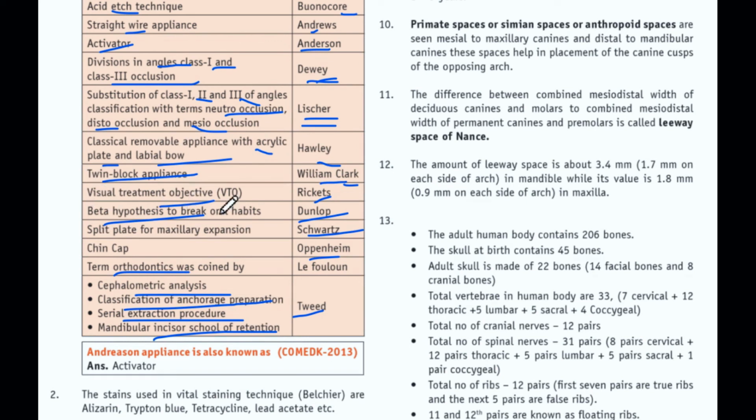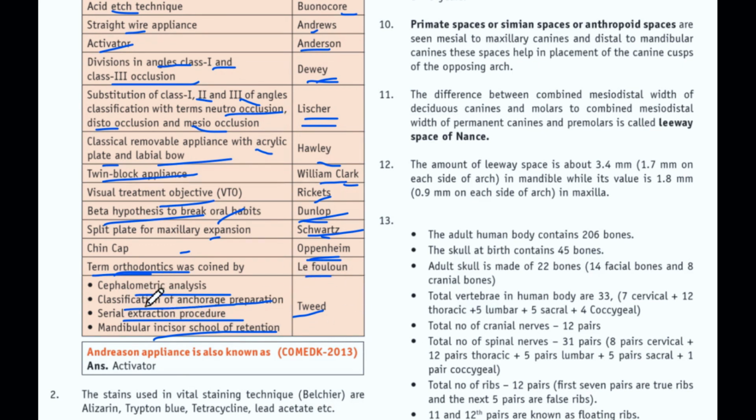VTO, visual treatment objective by Ricketts. Beta hypothesis to break oral habits by Dunlop. Schwartz introduced split plate of maxillary expansion. Chin cap by Oppenheim. And orthodontics, the terminology was coined by Lee Fullon.